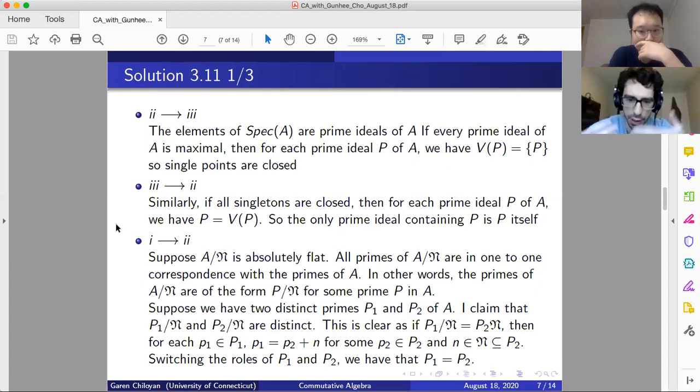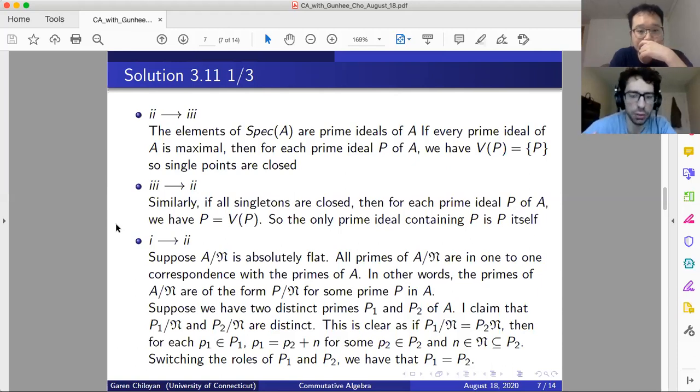This is clear because if P1 mod n and P2 mod n are the same, then for some elements p1 in P1 and p2 in P2 we have p1 = p2 + n. But n is already in P2, which means P1 is contained in P2.